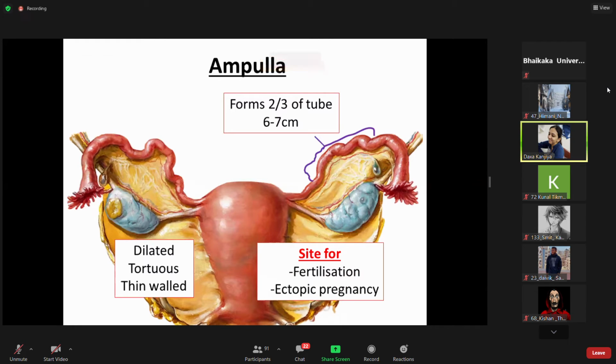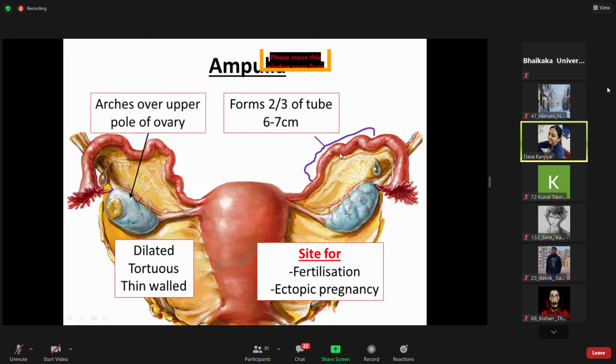Fertilization of the ovum and the sperm takes place in the ampulla. It is also the most common site for ectopic pregnancy. So the implantation which occurs outside the uterine cavity is called ectopic pregnancy. So the most common site is the ampulla. It arches over the upper pole of the ovary, both ovaries.